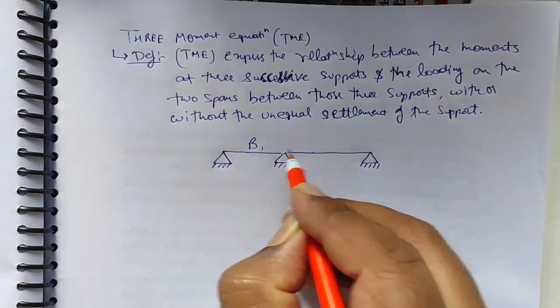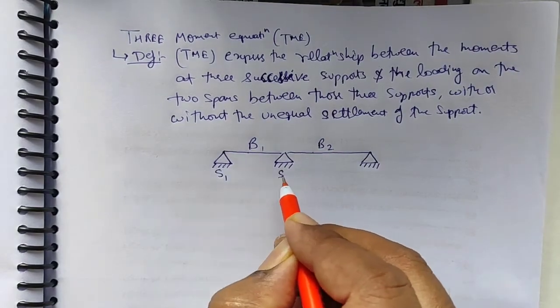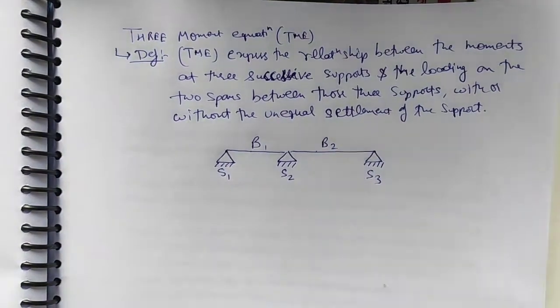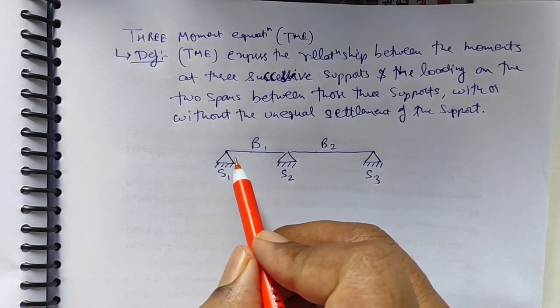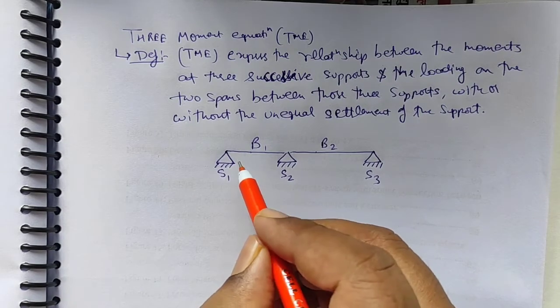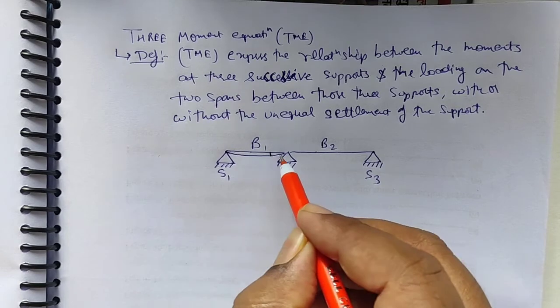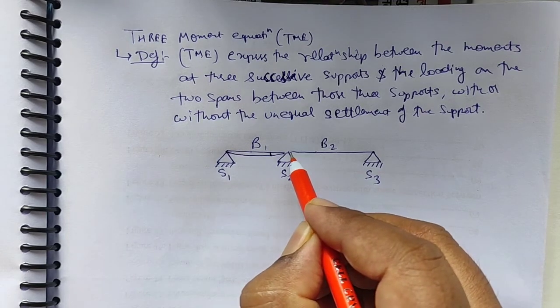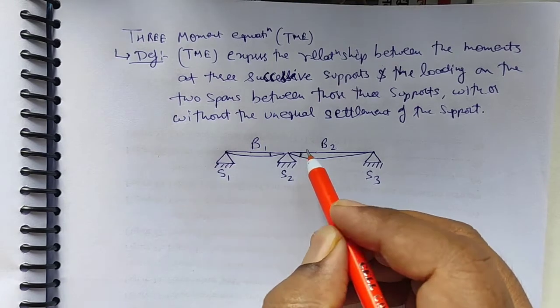This is beam 1 and this is beam 2, having three supports, and a relation is derived from the consistency condition that whatever slope is calculated at the middle support from the left hand span should be equal to the slope at the middle support from the right side.